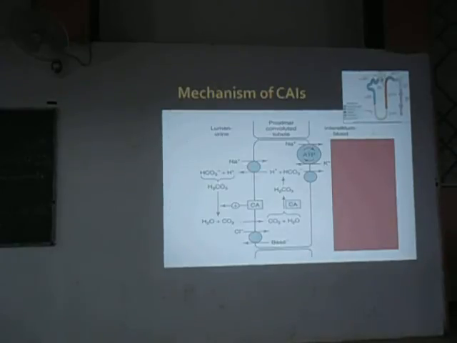So what happens if this carbonic anhydrase is blocked? There will be no hydrogen ion present for the transport. We have this proton transporter, exchanging hydrogen and sodium.